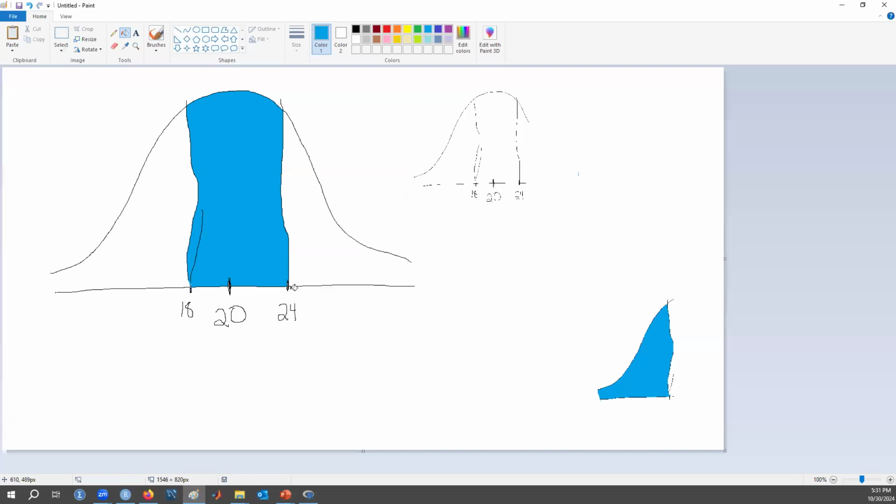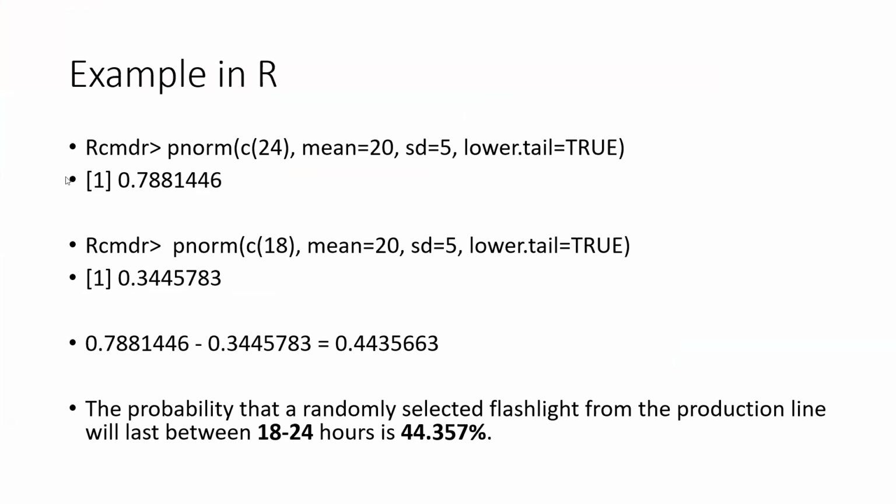So again, we got the probability of 24 to the left, 18 to the left, and then we subtracted the one from the other to get the value in between. So let me go back to the slides. That's all that's happening here.